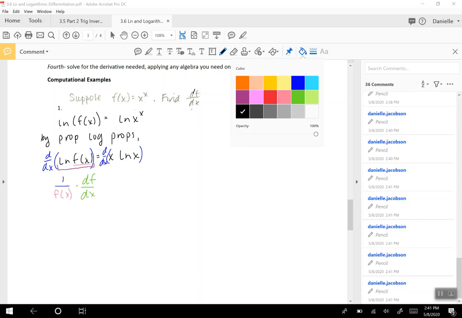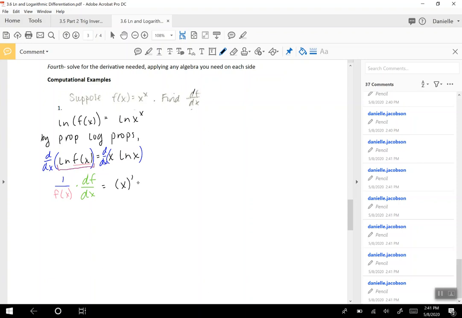This is equivalent to the derivative of x times ln x, so I know I need to use the product rule there. That'd be the derivative of the first, x, times the second, natural log of x, plus the first, x, times the derivative of the second, natural log of x. I just realized I didn't use Leibniz notation again, so I'm going to erase these and write that back in.